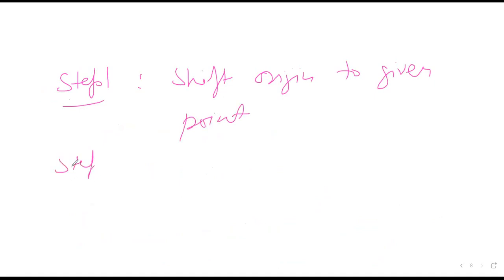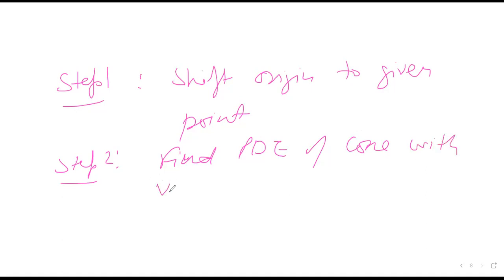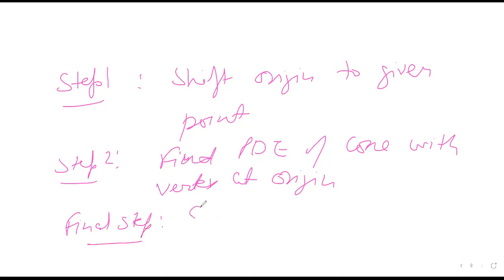Then step 2, find the PDE of the cone with vertex at origin. What is the final step? Substitute the values. That's it.